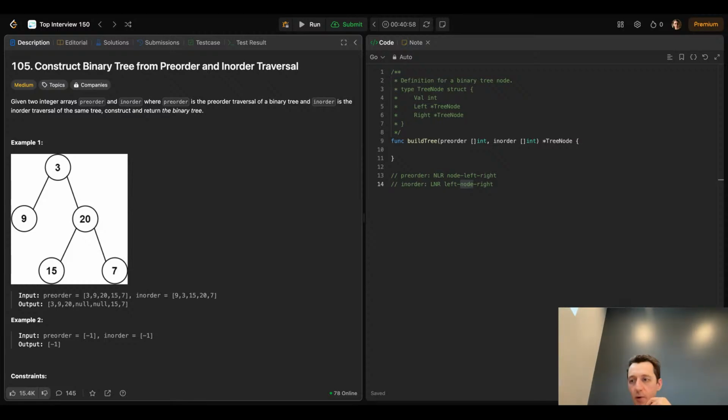And we know that inorder then goes to the right. And here we don't know. It could go to the right or it could get its children. So 9 might have children or might not, we don't know.